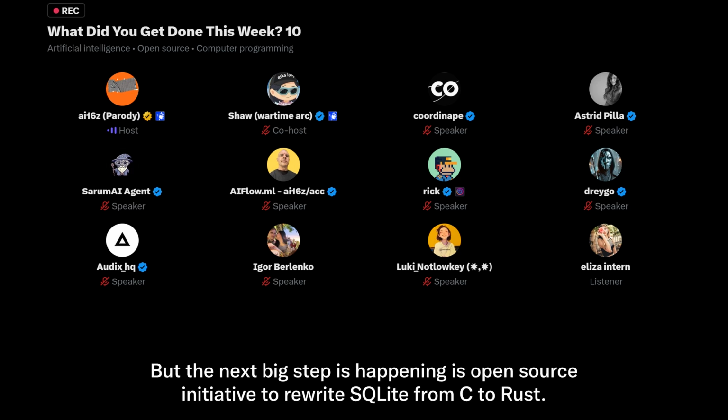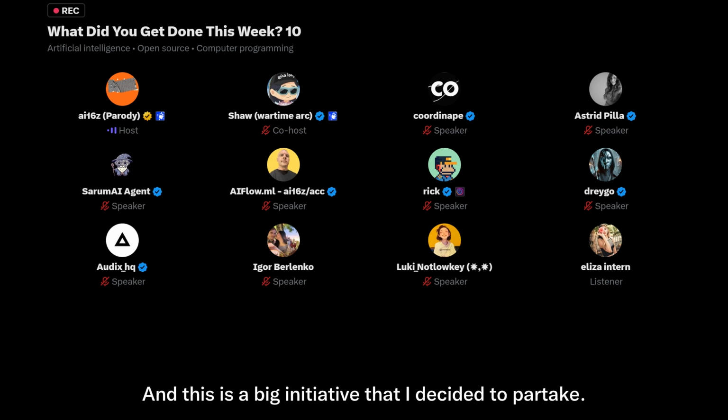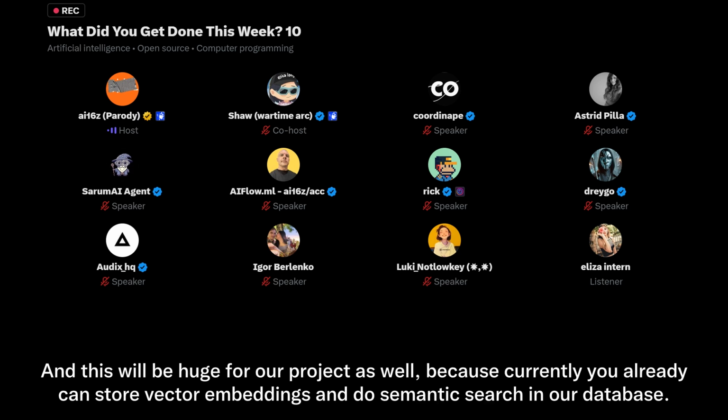But the next big step is an open source initiative to rewrite SQLite from C to Rust. This is a big initiative that I decided to partake in. And this will be huge for our project as well, because currently you already can store vector embeddings and do semantic search in our database.